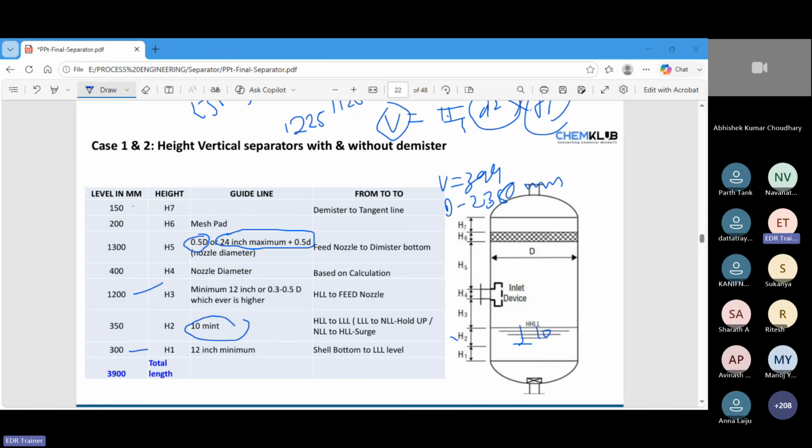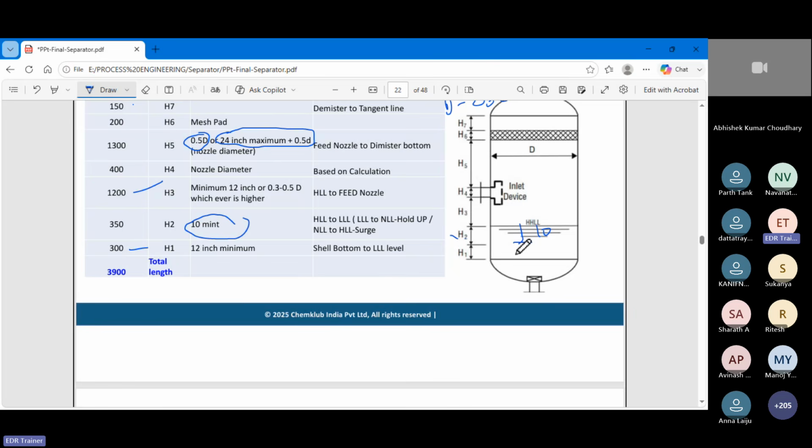Look, whenever you have a low liquid level or high liquid level, the action needs to be taken by the downstream system. Suppose your liquid level H1 is a low liquid level. Then your action will be taken care of by the bottom pump, right? You can trip it, or maintain the liquid level through the level controller, or manipulate your pump VFD to adjust the flow to maintain the liquid level here.